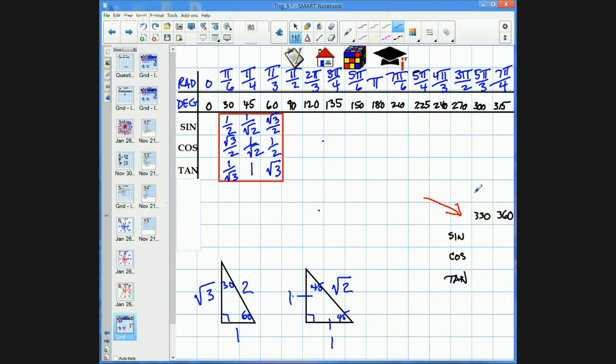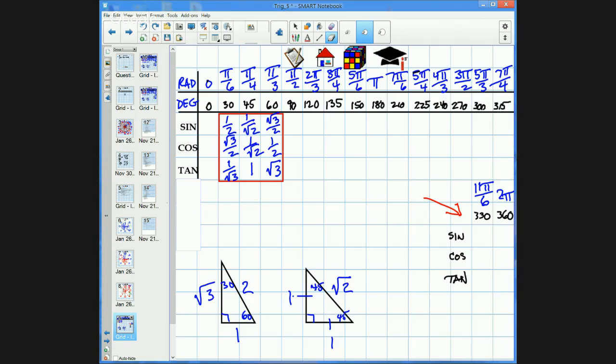So what's 1/6 pi taken from 2 pi? 1 5/6 pi. And finally, 360, of course, you can write as 2 pi. So that was a little different way of going at the angles, but hopefully that makes sense.